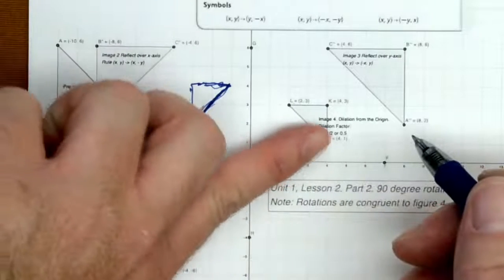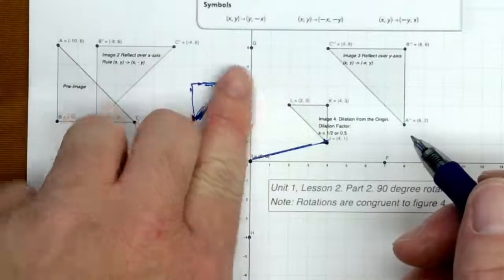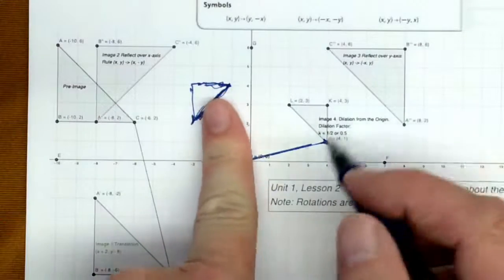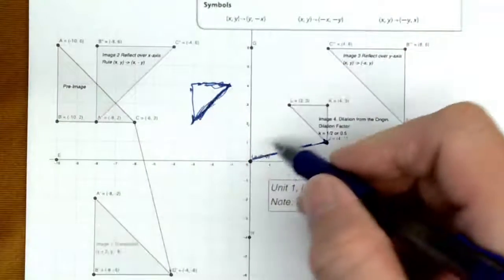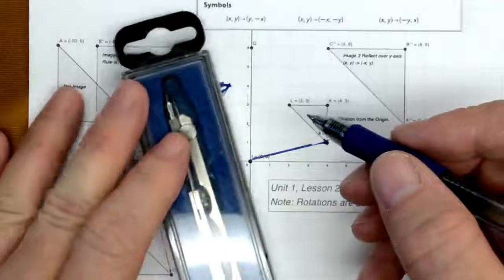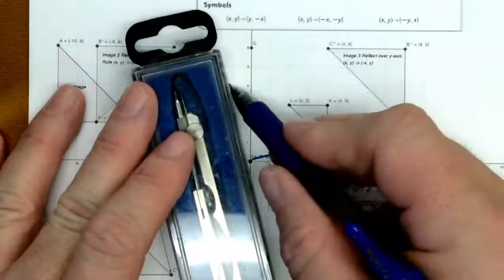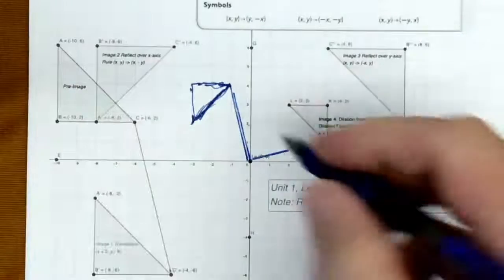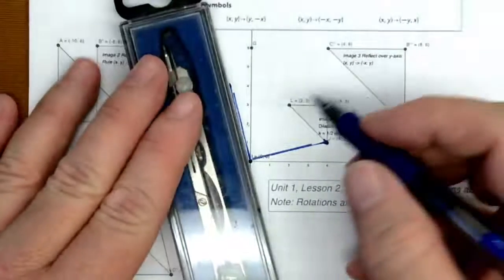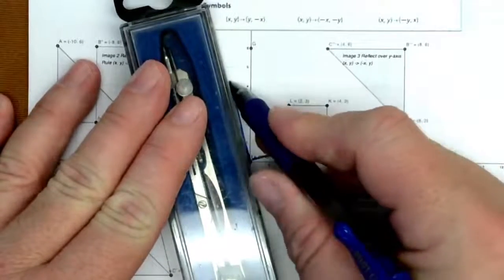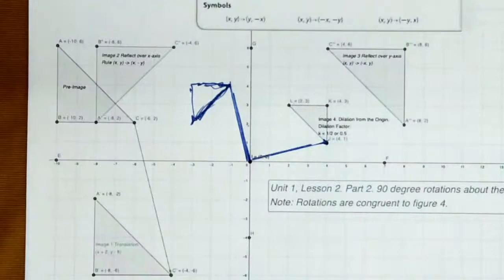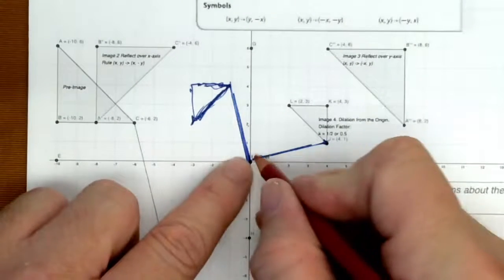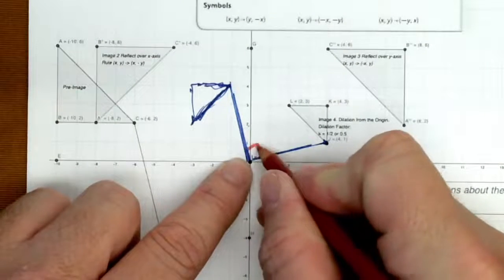It's got to be perpendicular. Okay, so this angle from the origin is 90 degrees, and it had a direction. I'm just going to kind of freehand this.